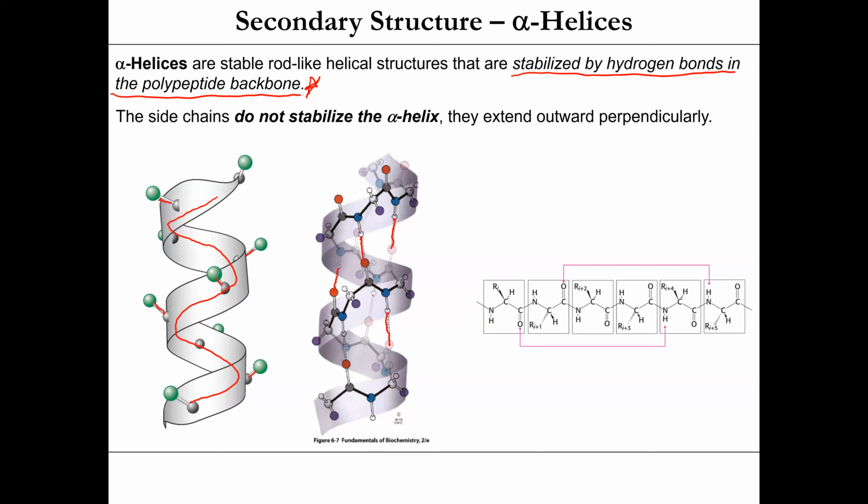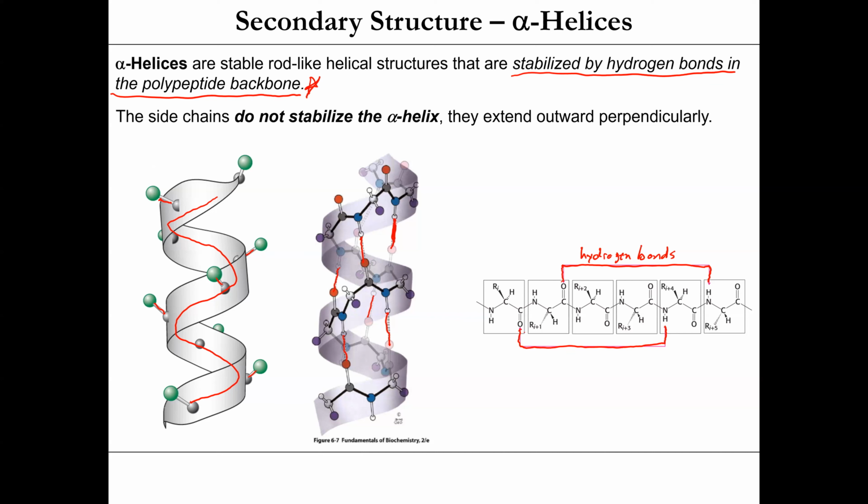This works on the principle that the oxygen of the carboxyl groups on the backbone and the hydrogen on the amino groups on the backbone are going to form hydrogen bonds. That oxygen is going to be a hydrogen bond acceptor, and that hydrogen from the amino group is going to be the hydrogen bond donor. There's a depiction right here. You can see in the helix itself these hydrogen bonds stabilizing the helix.